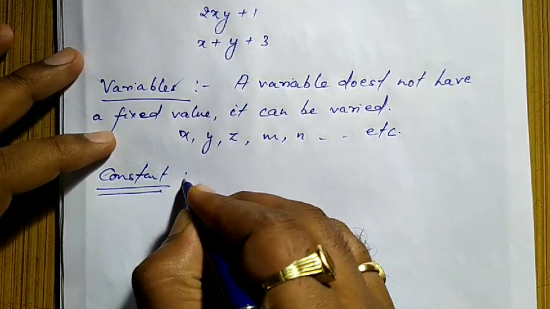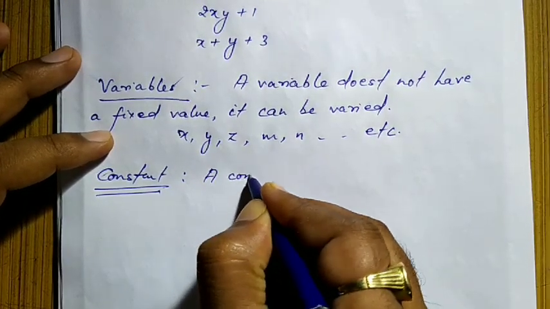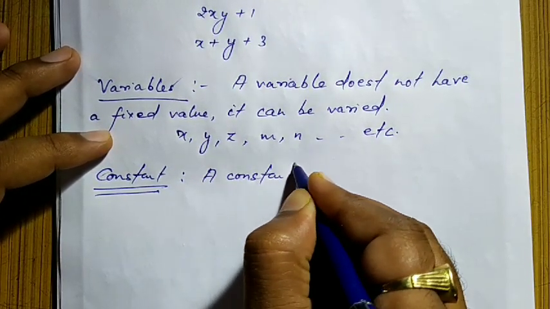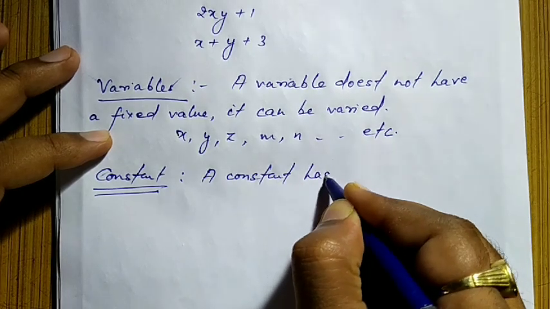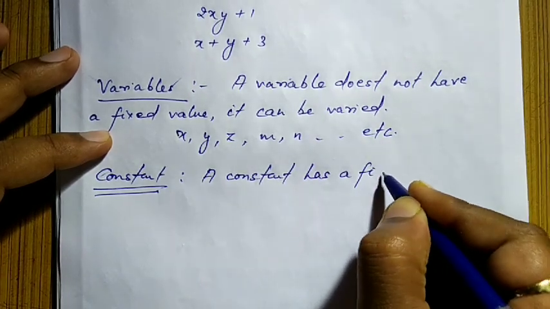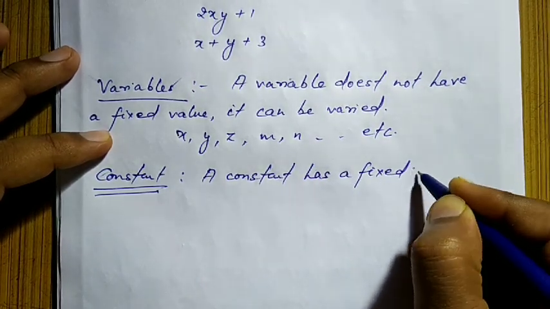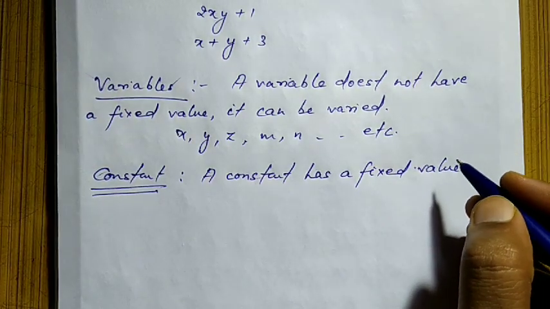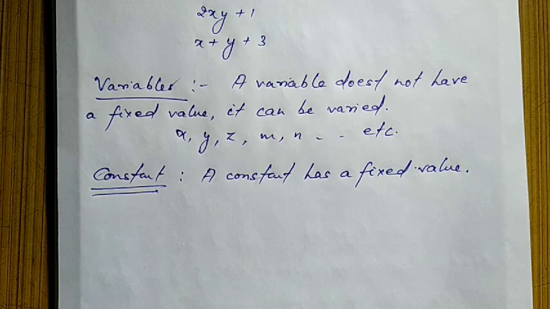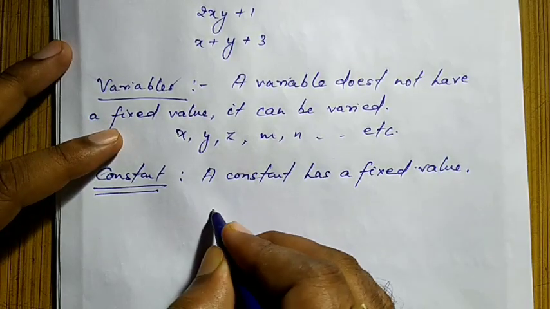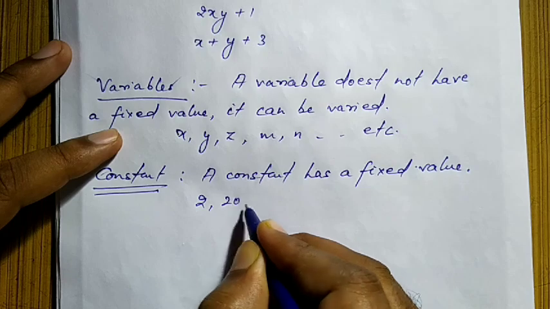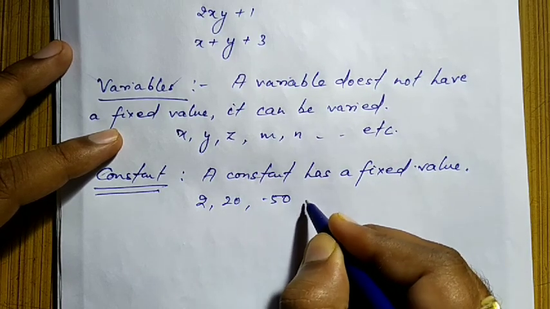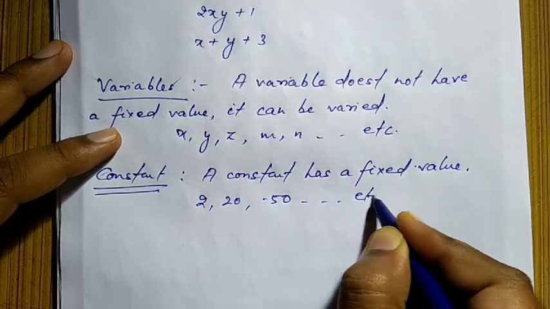So a constant has a fixed value. It means any number without a variable is a constant. A constant has a fixed value, like 220, minus 50, etc.